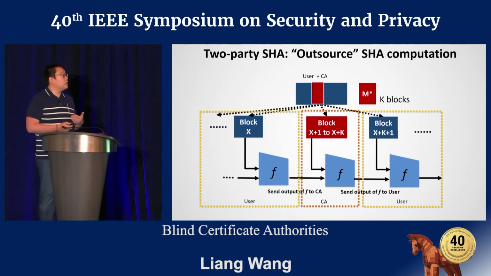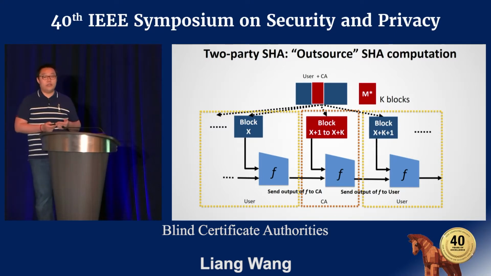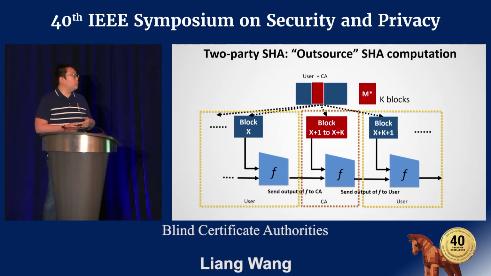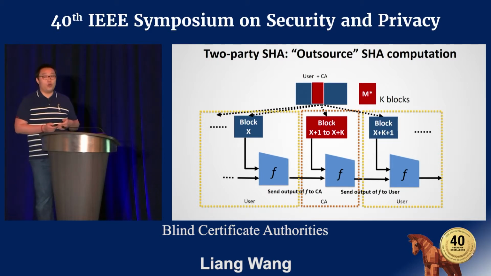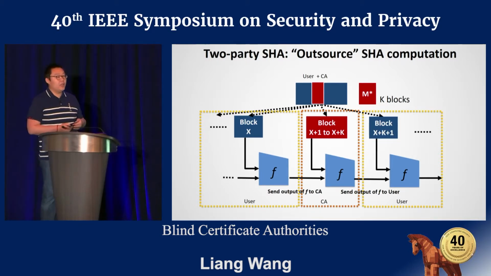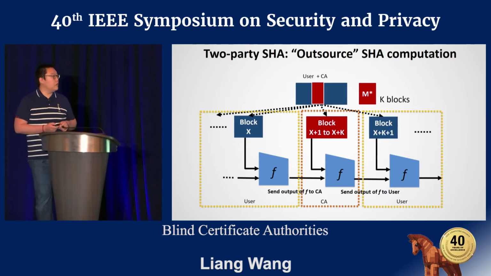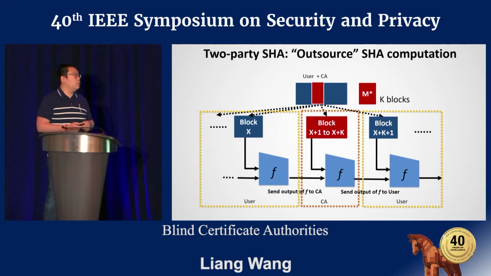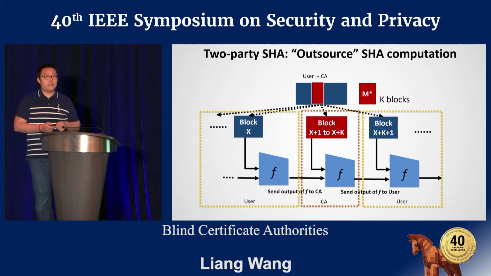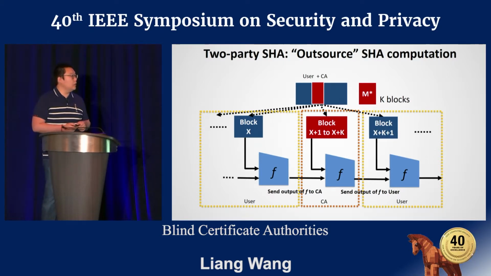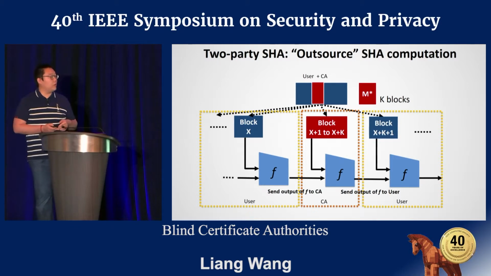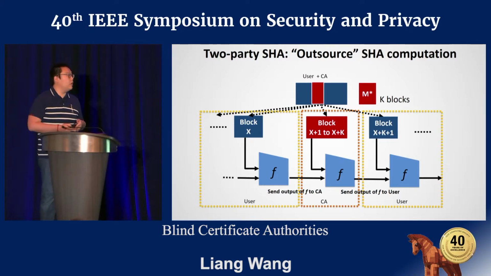So assuming that the blocks x+1 to x+k are injected by the CA, which is the challenge, the user can send the output of the compression function for block x to the CA. And the CA continues to run the compression function for the blocks x+1 to x+k, and finally sends the output of the compression function for x+k back to the user.